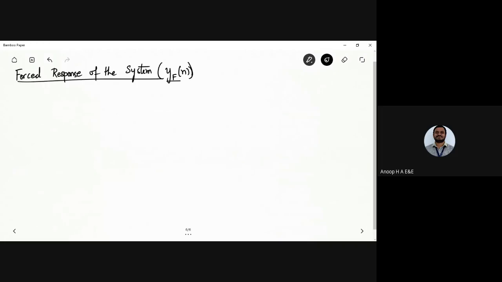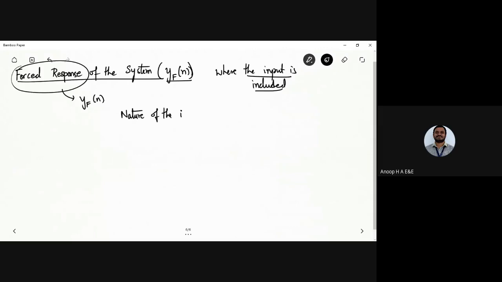So with the response of the system where the input is included, or applied to the system, what happens? Again, the forced response of the system is where you will be having the input considered, and depending on the input, I have the structure of the forced response. So that is the nature of the input.